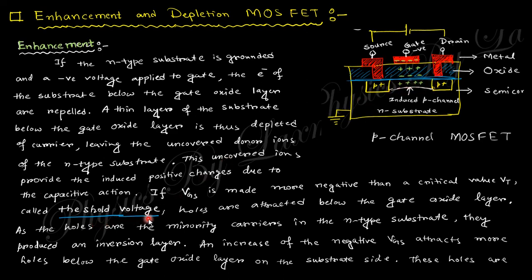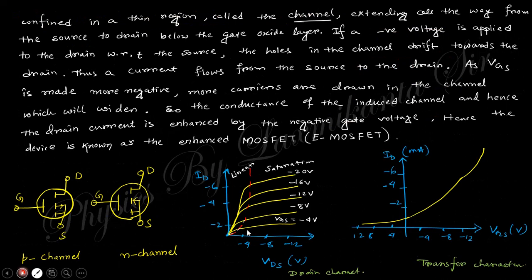This voltage is known as the threshold voltage. Below this voltage, holes are not accumulated; after a certain voltage, they are accumulated. This is called the threshold voltage. After that, the current will increase like that.